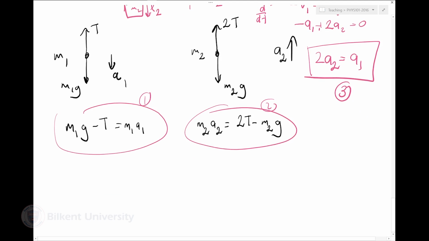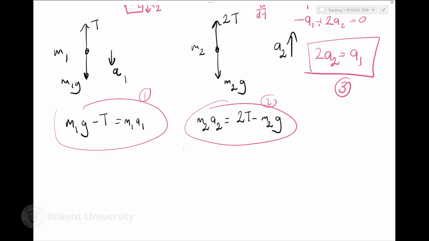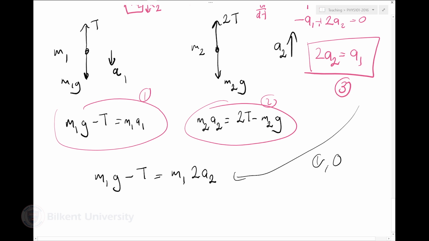So let's solve them. I have M1G minus T equals M1, and instead of A1, I'll just write 2 times A2. Okay? So this is 1 and 3. And second equation, I'll just write M2A2, or 2T minus M2G is M2A2.